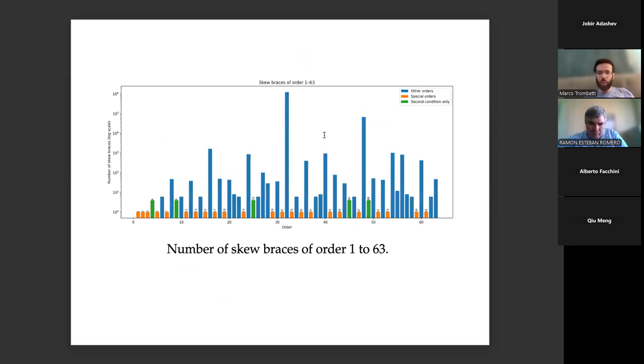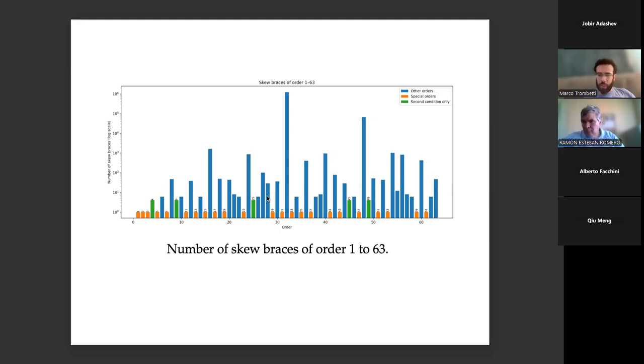this is what we have characterized so far, but we were not happy. We were not happy because we wanted to do something more. The others, as you can see, up to order 63, I did not check the other orders, but things start to be a little wild, a little less controllable, because you may see maybe order 6, order 10, order 12.